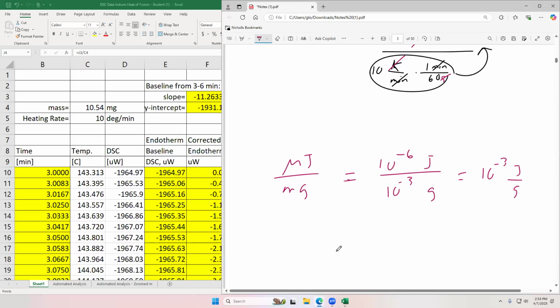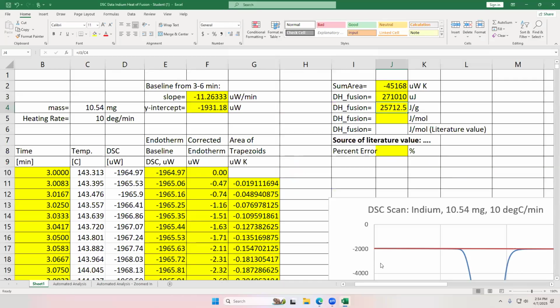So you multiply by 10 to the negative third, or divide by 1,000, either way. So that's 25.7 joules per gram. That's the delta H of fusion of indium.